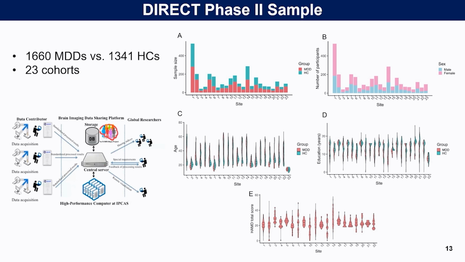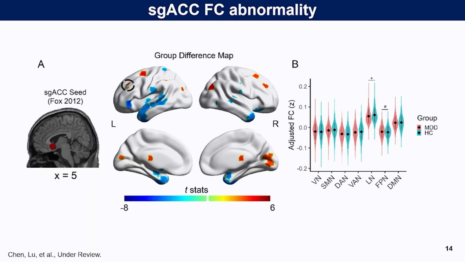Leveraging this big data, we think about answering a question. We always think about using subgenual ACC to find a DLPFC target. But is there a real group difference or abnormality in DLPFC-SGACC functional connectivity? Leveraging this large-scale dataset, we did find MDD-related DLPFC abnormality in SGACC functional connectivity.